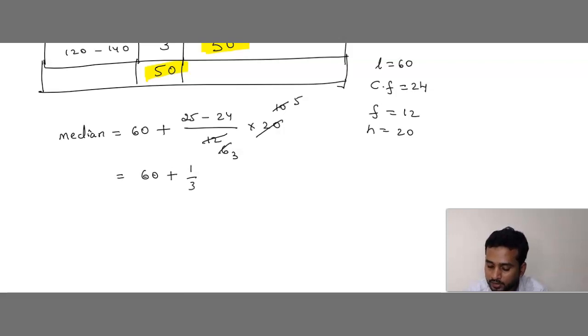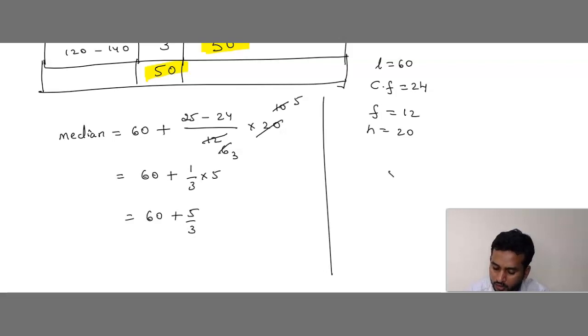So 1 by 3 into 5. That's nothing but 60 plus 5 by 3. Separately, just put one working column here. What all I did, you can put in a working column and do over there.